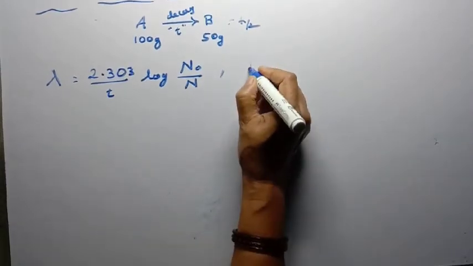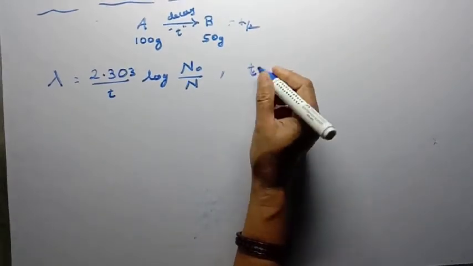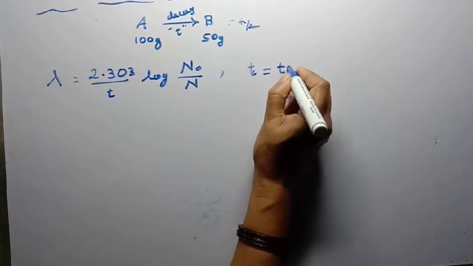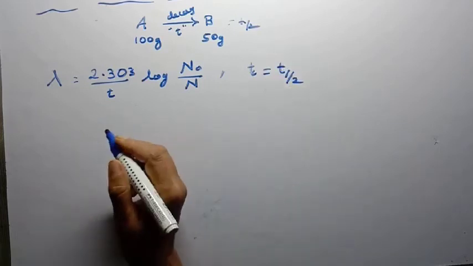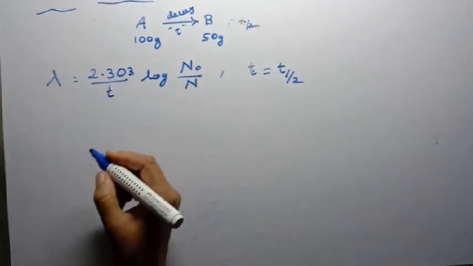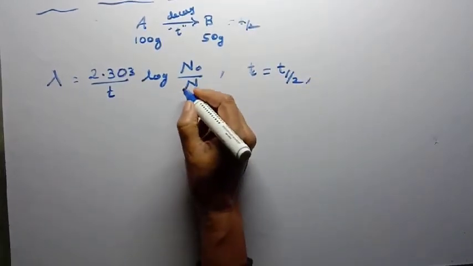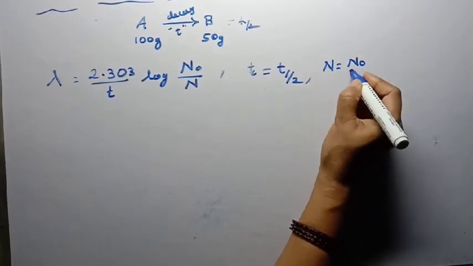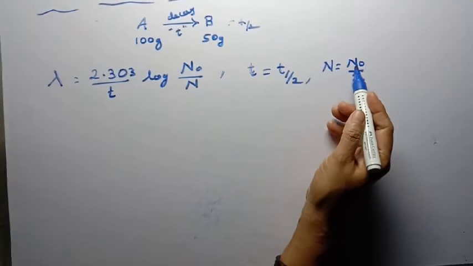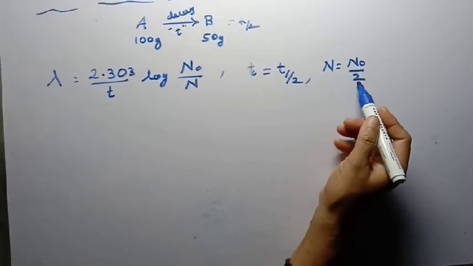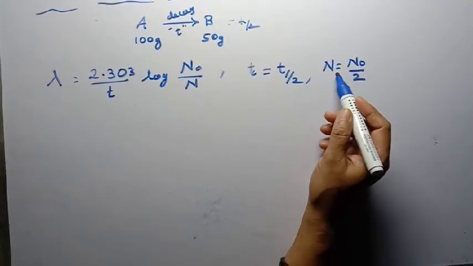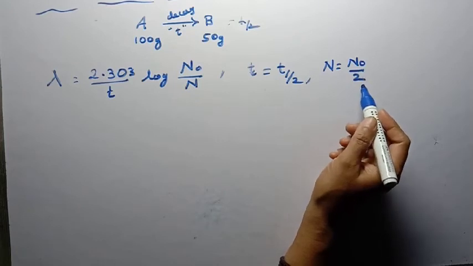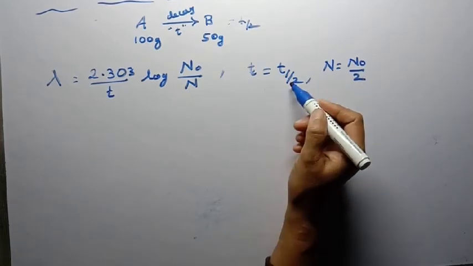When the time is equal to T half, the N must be equal to N0 by 2. Because N0 is the initial amount, and to reduce it exactly to half, N must be N0 by 2, whatever the time taken is equal to T half.